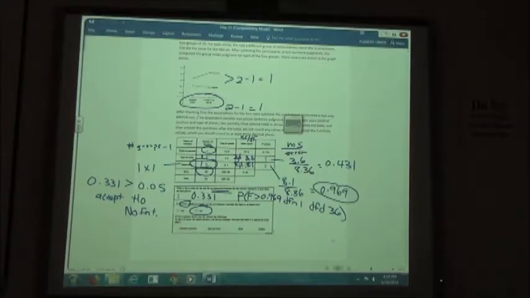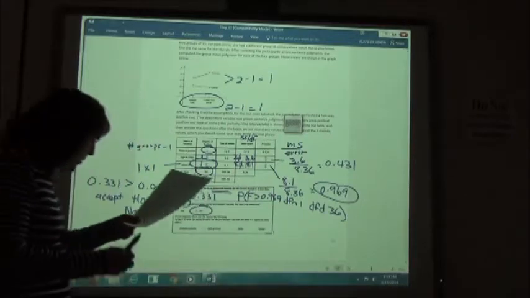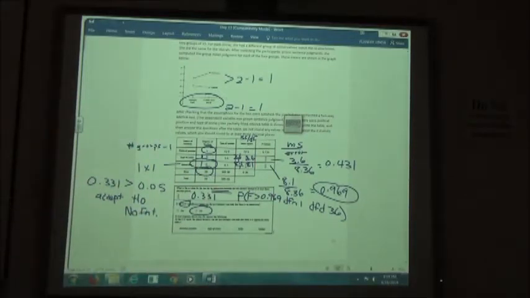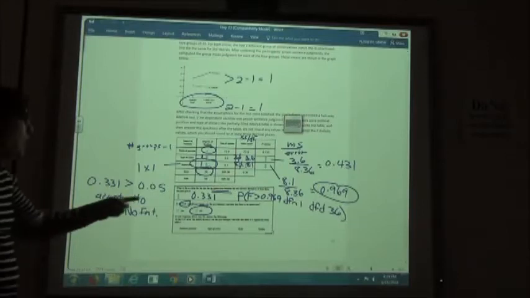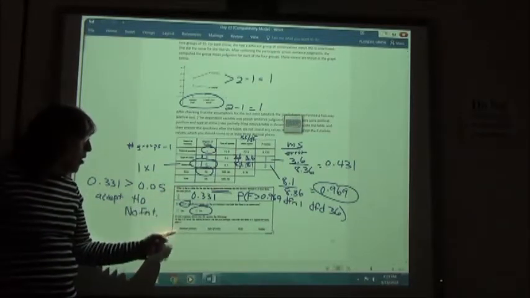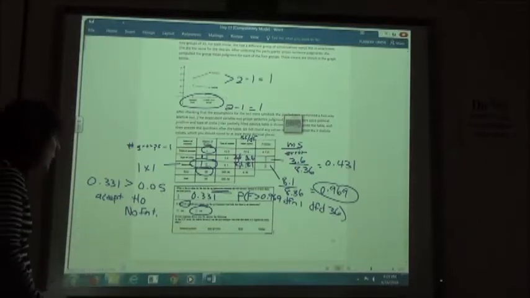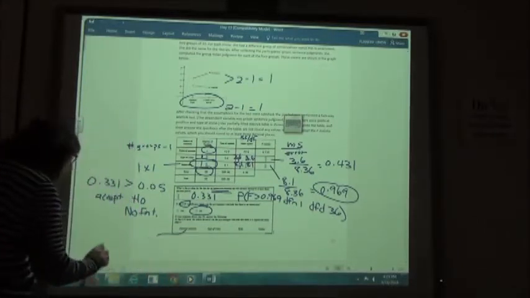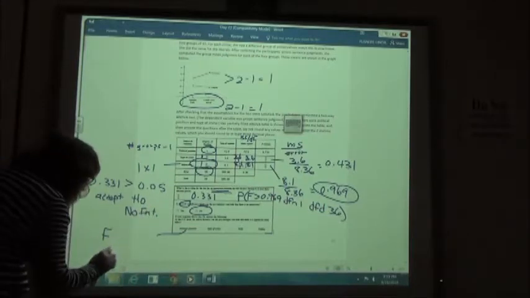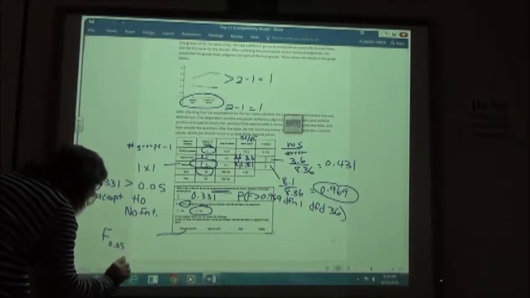If our answer is no, then we have to test each thing separately. So in this case, we are just going to go ahead again and just test the critical value, even though we did the p-value here. We're going to do the critical value like we did on the previous problem. So, for the first one, we are going to do F sub 0.05.